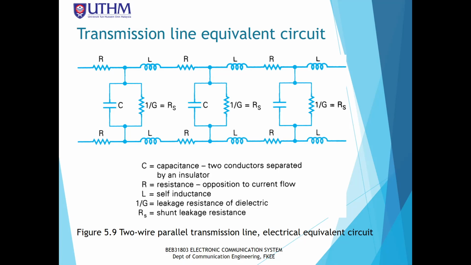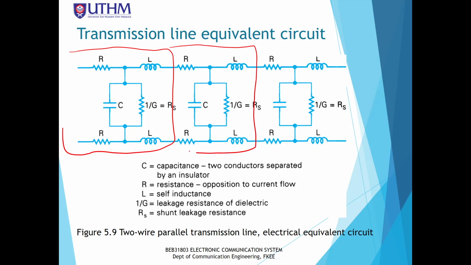So if you have a long two-wire line, we can represent it as repeatable sections of lump elements, R, L, G, and C. So transmission lines, for example like this, consist of repeatable sections of R, L, G, and C components.